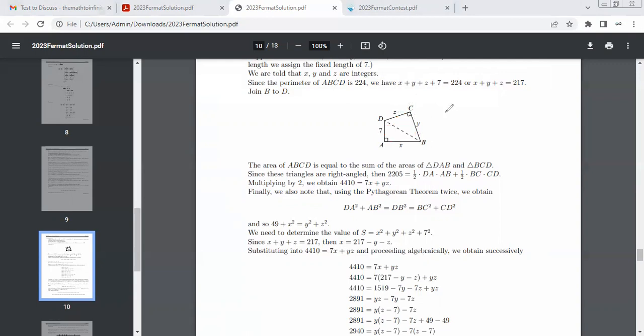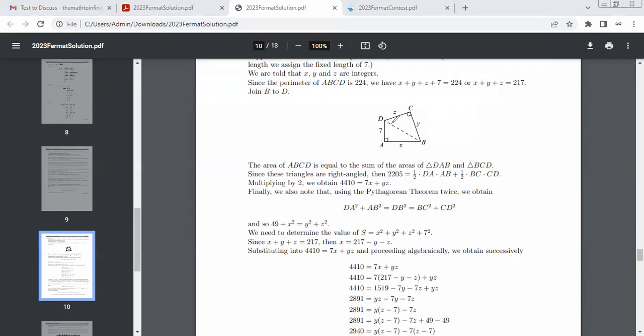Rather than calculating the entire area of the quadrilateral, you can find the area of the 2 triangles and their sum is equal to the quadrilateral area. Is it clear?